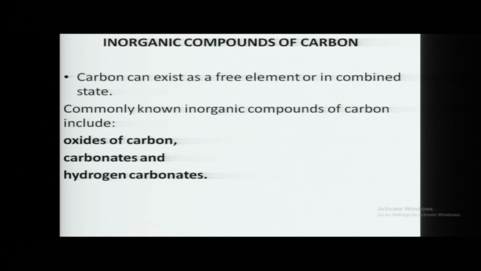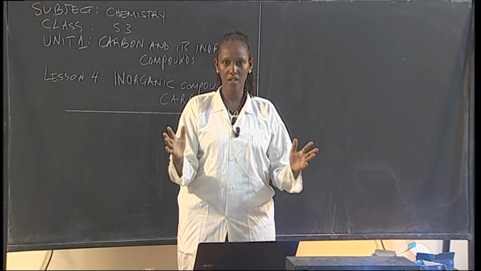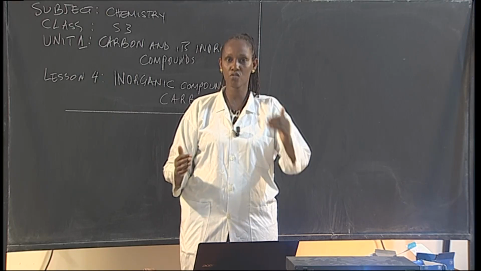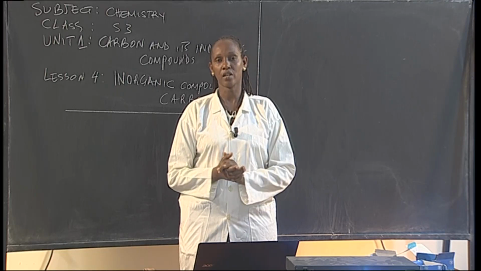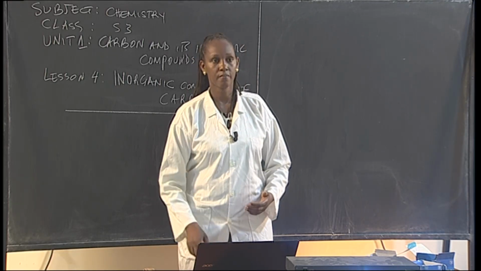So as I said, sometimes carbon exists as a free element, just single carbon, but it can also be found in combined form, like in oxides of carbon, carbonates, and hydrogen carbonates. So we start by looking at them one by one.